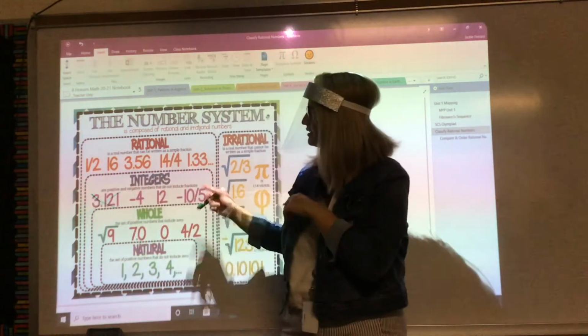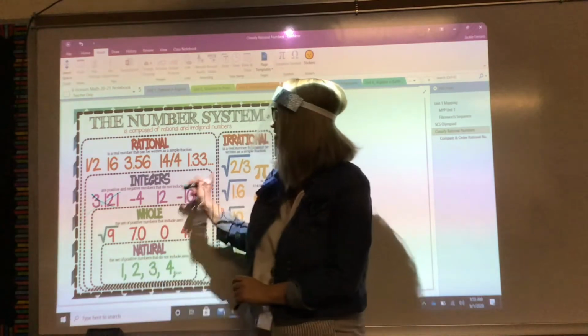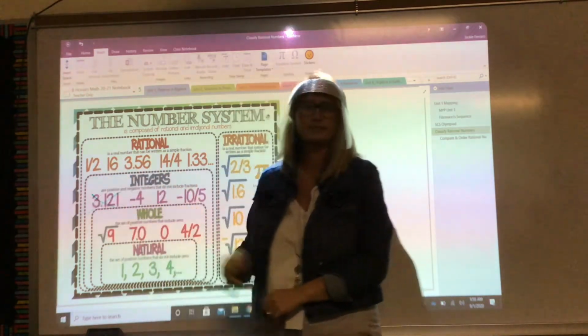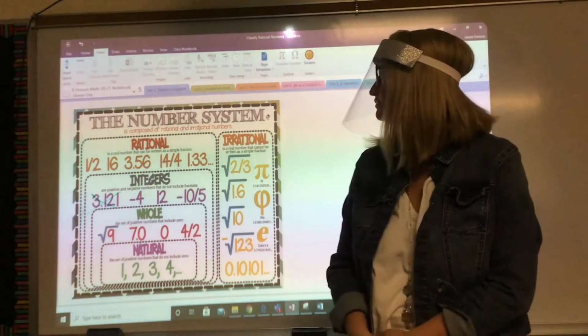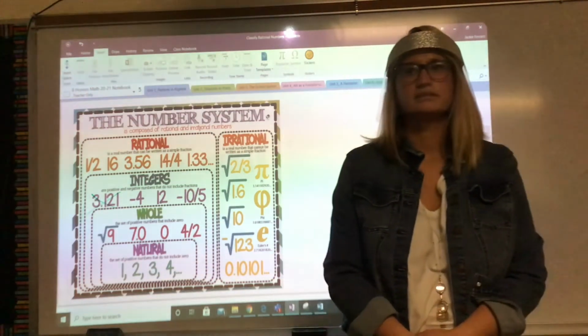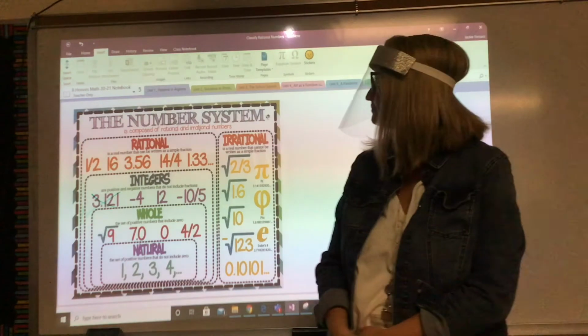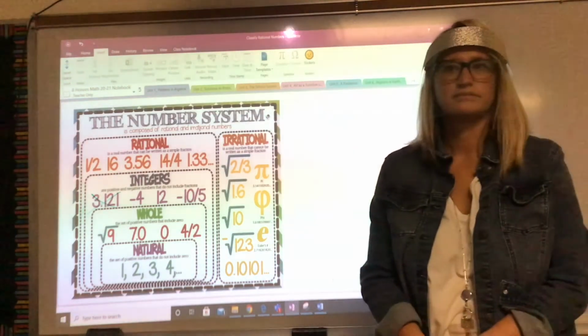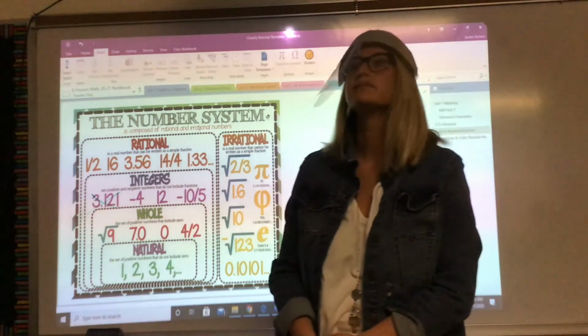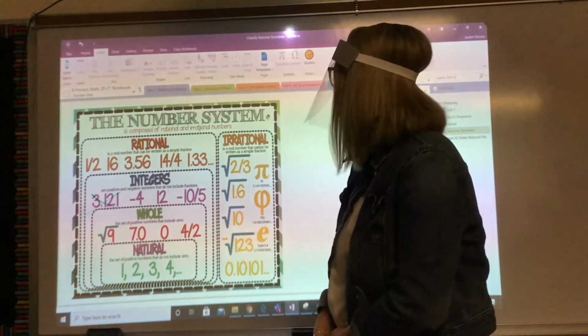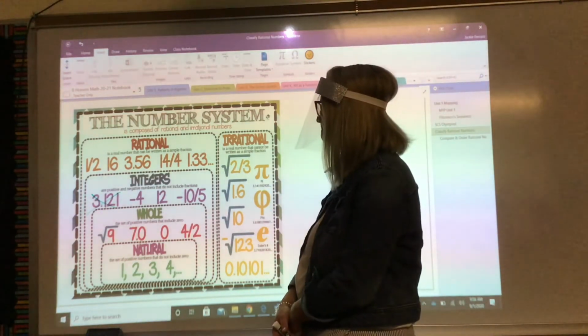Look at the next category. Rational numbers. Are any of these in the wrong place? Peter? Is 1.33 repeating not supposed to be there?